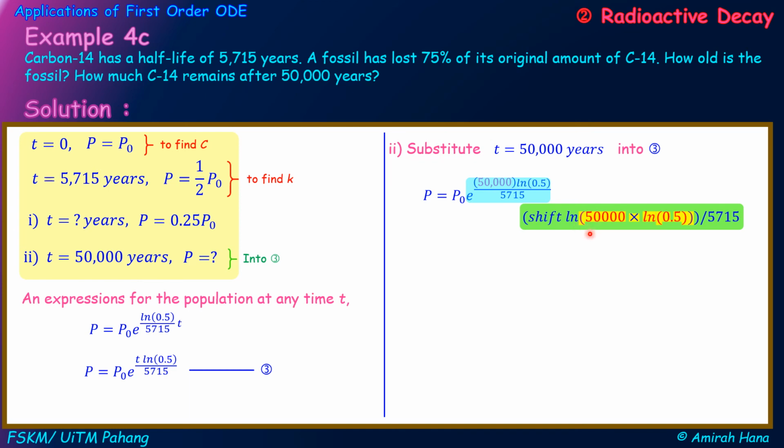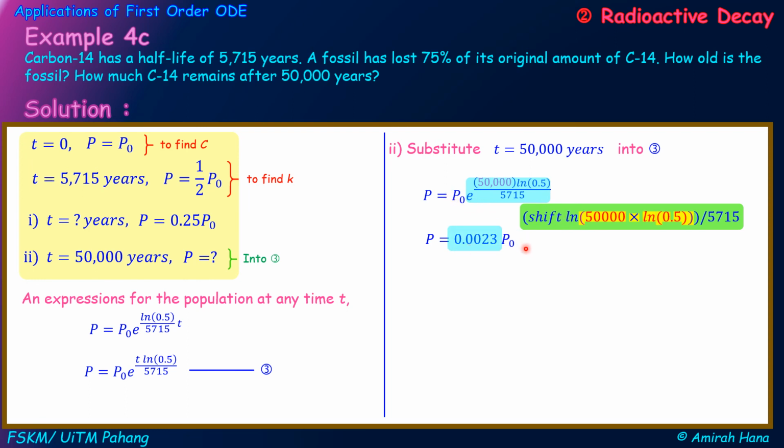And then open bracket and then 50,000 times ln in bracket 0.5 and then we close bracket 3 times because we opened bracket 3 times. So we need to pass with close bracket 3 times. Alright. And then over 5715.